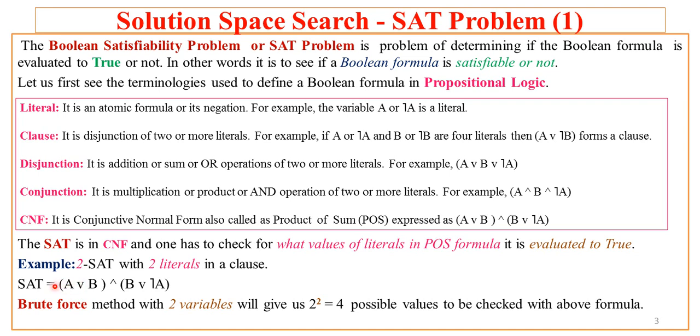For example, here a SAT is defined wherein A or B. Here A is one literal, B is the second literal, and it is combined with or. And B or negation of A. Here also we have two literals. So this way there will be so many clauses, but in each clause there will be only two literals used, either a literal or its negation, and a combination of various literals, but only two literals in a clause.